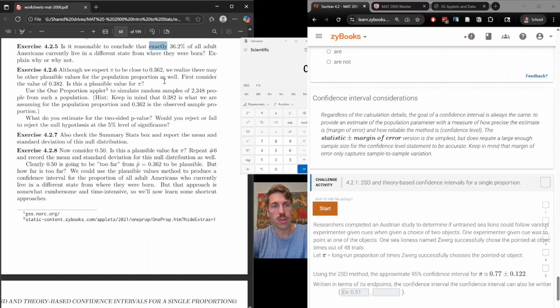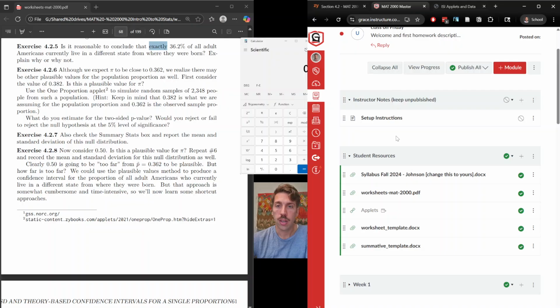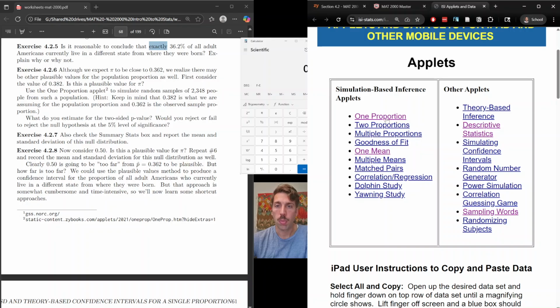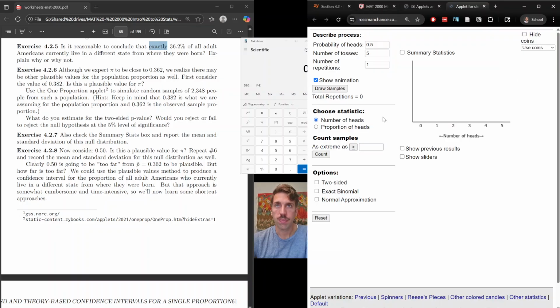First, consider the value of 0.382. Is this a plausible value for pi? Now, this is a stats class, so we don't want you to answer that question just based on your feelings. We want you to actually do some calculations. So use the one proportion applet. You would go here to applets, which would take you there, and the one proportion applet, which is here.